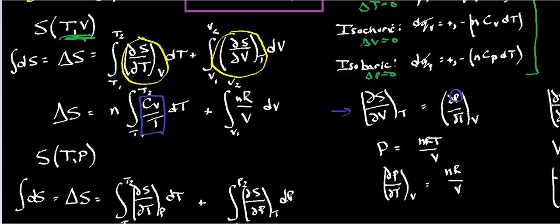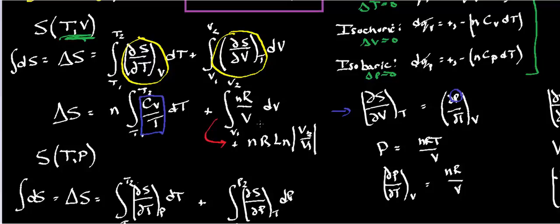However, if I did want to integrate this part, then that would simply be nR times, if I integrate 1 over V dV, the natural log of V2 over V1, when I evaluate it from V1 to V2. So this is equivalent to this integral.